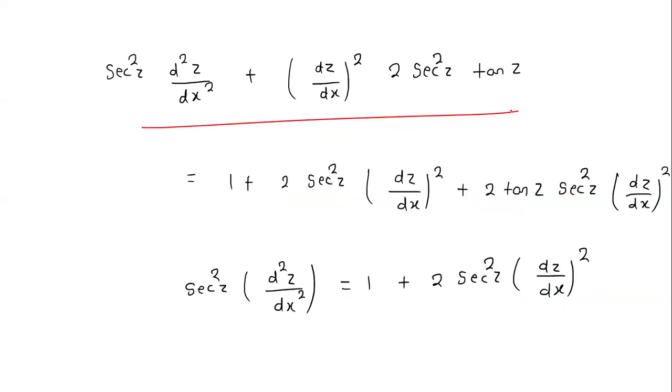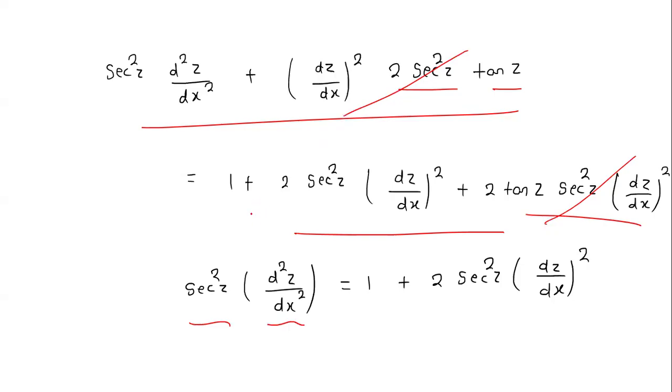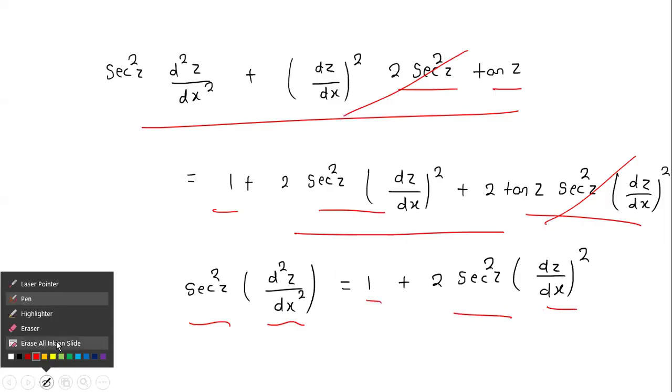If you equate this to this, this factor dz by dx whole square, 2 times sec z whole square tan z, is also here, so these two will cancel. On the left hand side you will have sec z whole square d2z by dx square, and on the right hand side you will have 1 plus 2 times sec of z whole square dz by dx whole square.